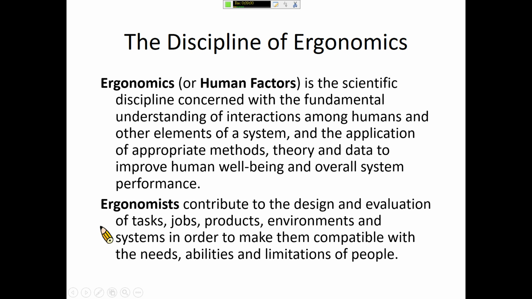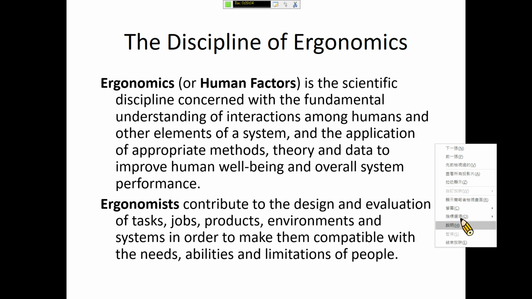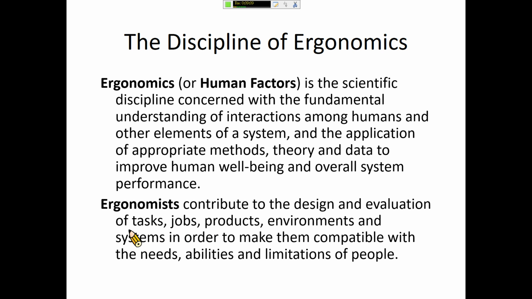So the interaction occurs between humans and tasks, jobs, products, environments, and methods. Everything you can think of. What we have to do is to try to understand the needs, abilities, and limitations of people.